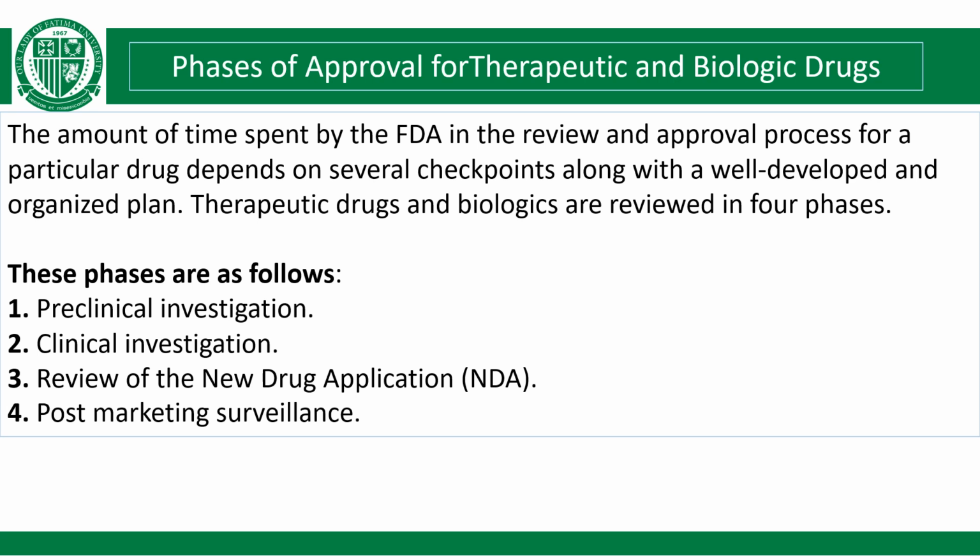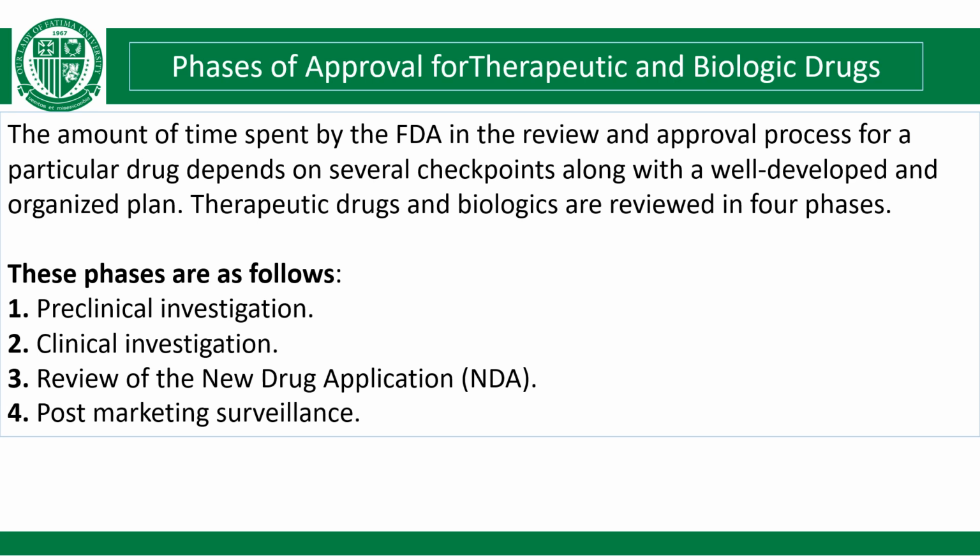After that, when this is viable, the Food and Drug Administration or authority will then check for the documentations. They will have their own time or own pace of checking out the clinical investigation.